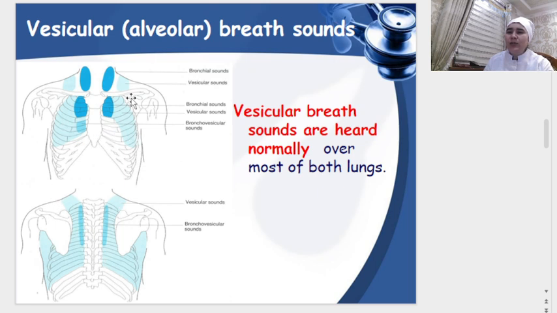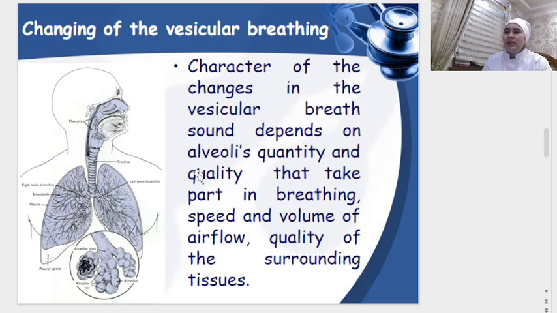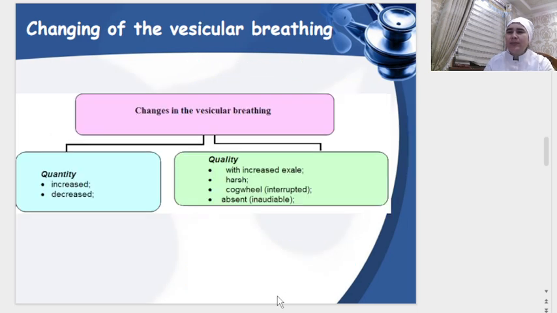We can hear this vesicular breathing sound. Changing of vesicular breathing. The character of the changes in the vesicular breath sound depends on the quantity and quality of alveoli that take part in breathing, the speed and volume of airflow, and the quality of the surrounding tissues.